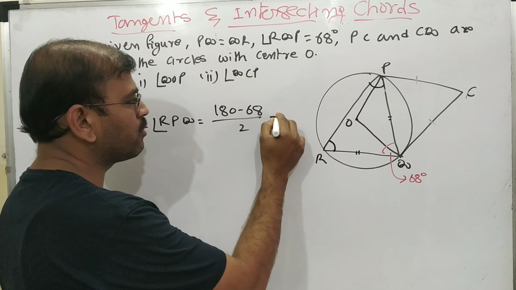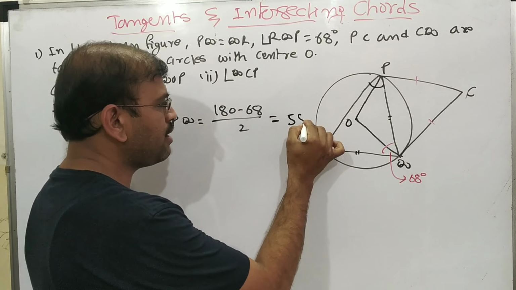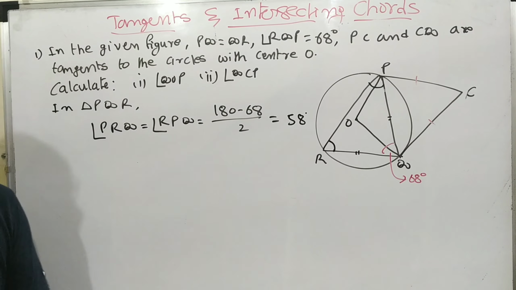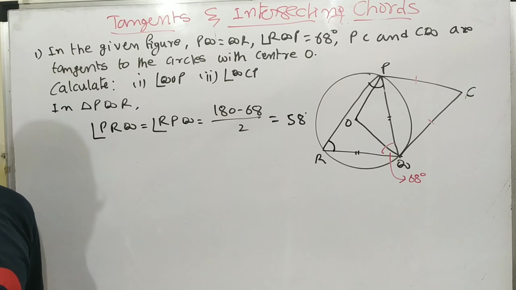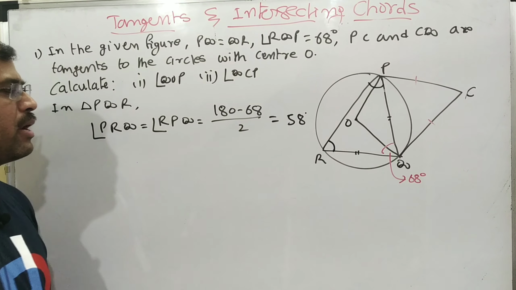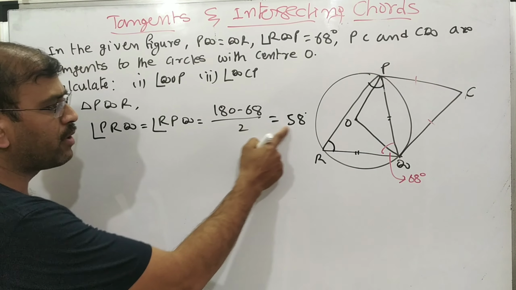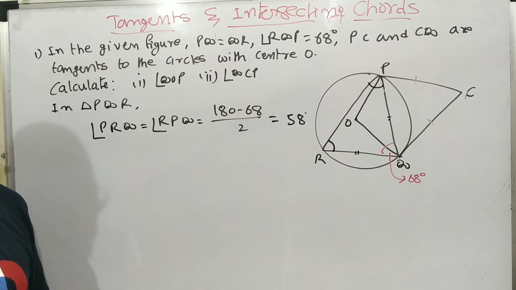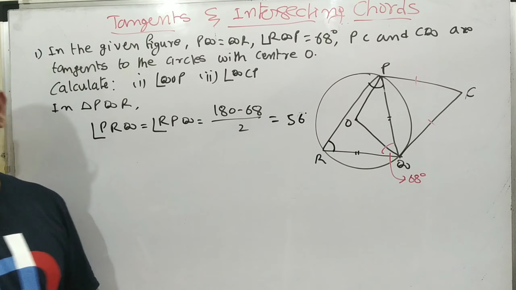112 means you will get what? What is the value you are going to get? 58? So now this 68 we have removed from the 180. When you remove from the 180, then you are getting 112. 112 divided by 2, you will get 56.